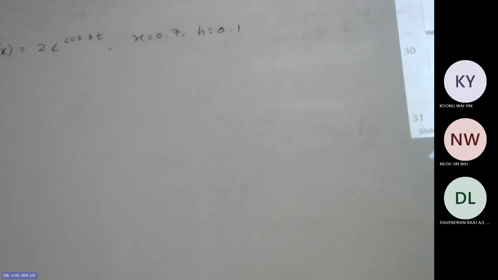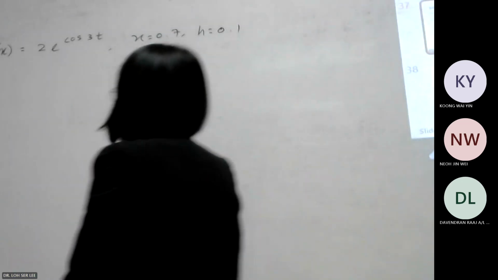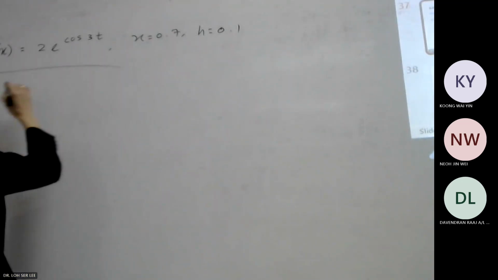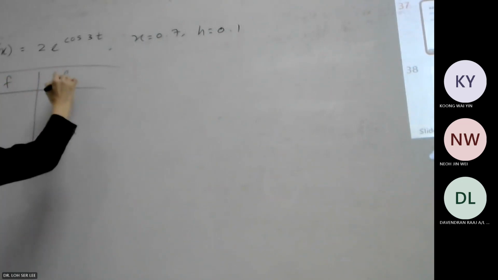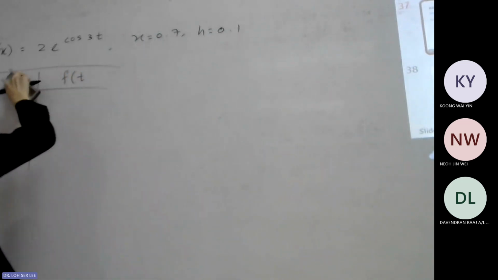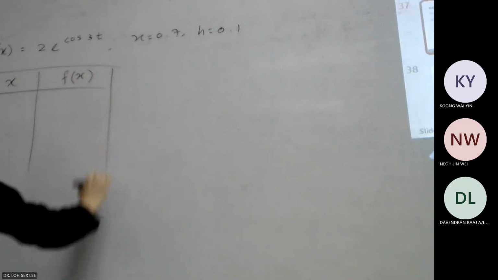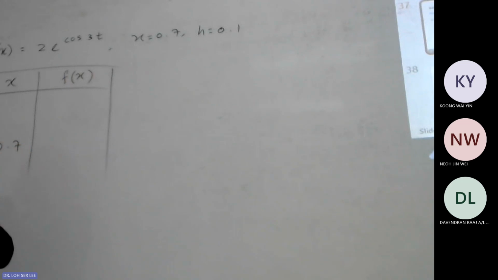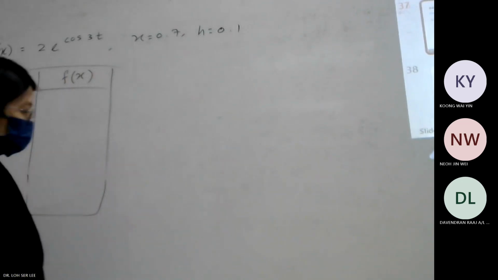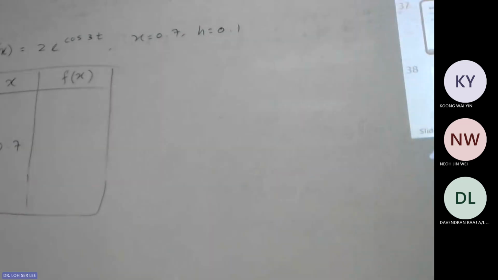So you compute the table, 2 points before and 2 points after, and the current value is 0.7. Then get their corresponding f values.